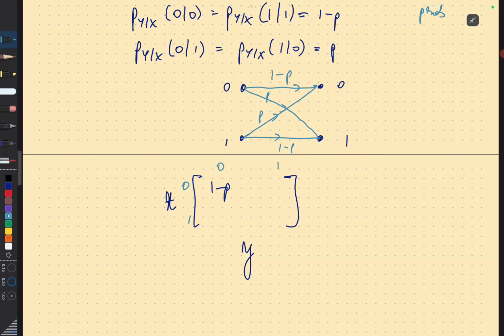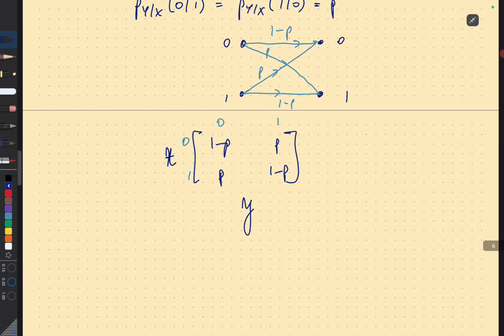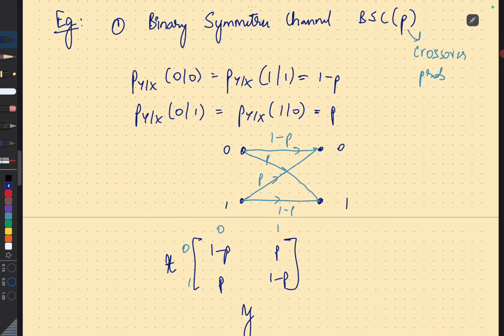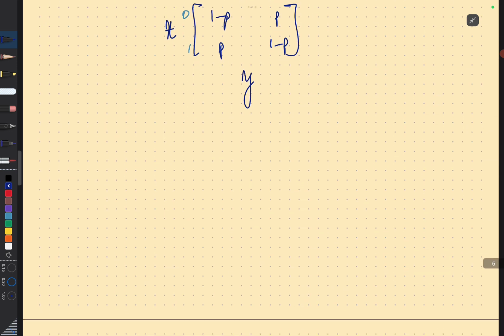The rows are indexed by the symbols corresponding to X. The columns are indexed by symbols corresponding to Y. And the values of P of Y given X are filled in. This is another representation. Basically, it's just P of Y given X represented in different forms. That's all. Any questions? Okay.